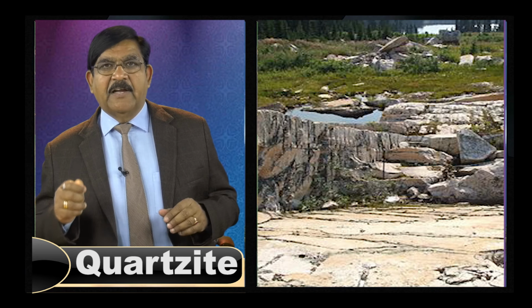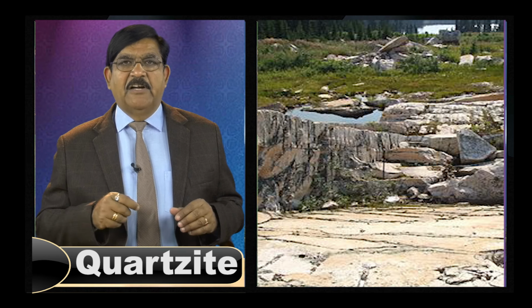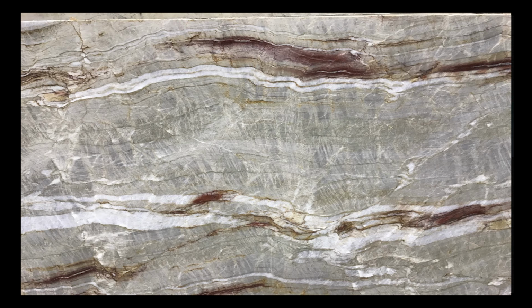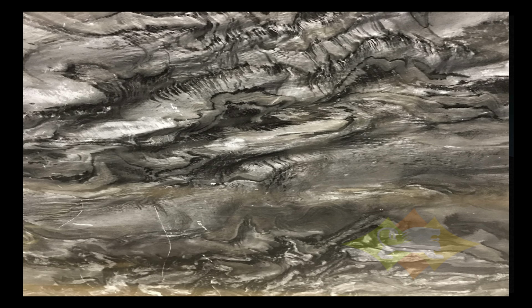Quartzite is a monomineralic rock composed predominantly of quartz, with granoblastic texture. Impurities in the original protolith sandstone may form aluminous or ferromagnesian minerals.